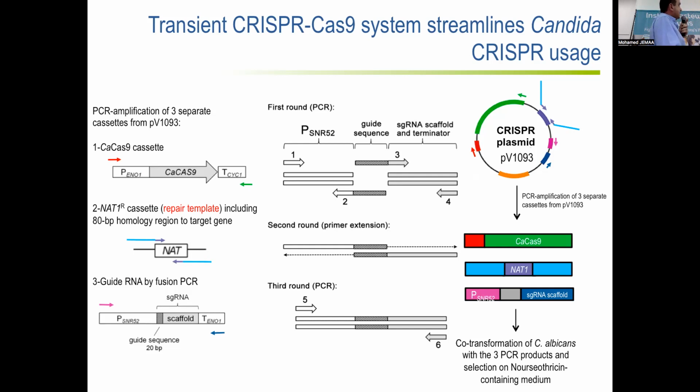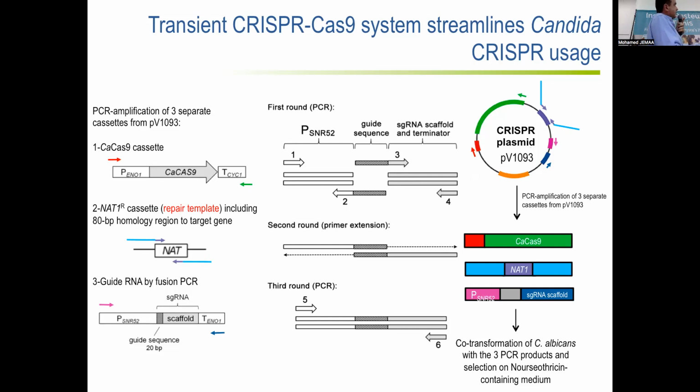Then you extend from primer extension and you amplify the whole cassette at the end to get the 20 base pair sequence of your guide RNA, the scaffold RNA, and all of the elements allowing in vivo transcription of your guide RNA.